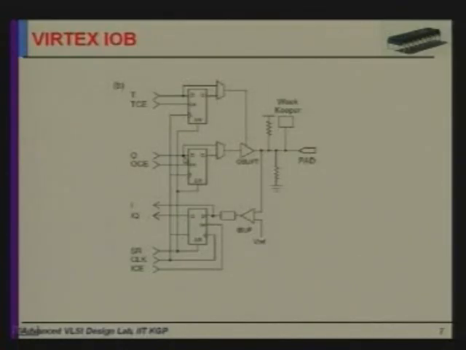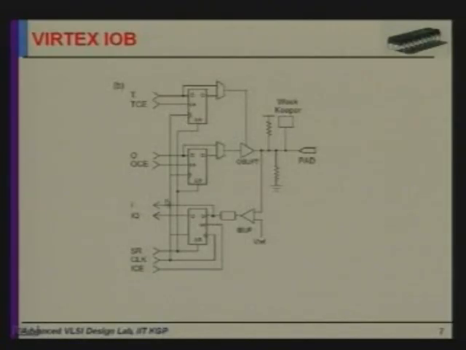You can output it through this mux, through this buffer. You can store this output in this flip flop and can output it through this mux. Fine. Similarly, for the input, from this pad, the input can come through this buffer. It can be stored in this D flip flop, or it can directly be sent to the core of the FPGA.